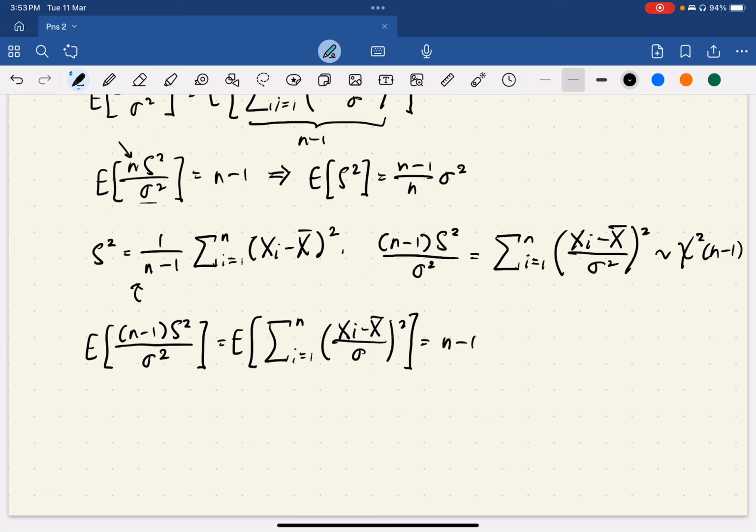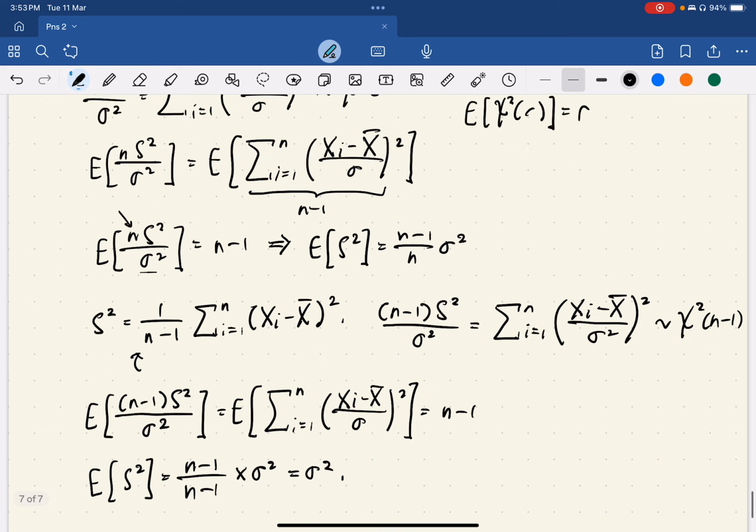And so that means if you were to rearrange S squared, that would be n minus 1 divided by n minus 1 multiplied by sigma squared. This is just sigma squared. So now, with this correction, we have the true unbiased estimator of sigma squared. And this helps answer the question, why does the formula of sample variance have this n minus 1 here?